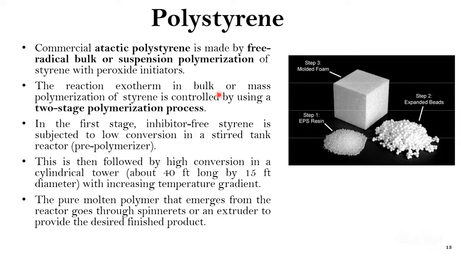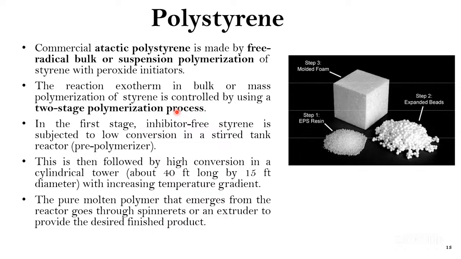So to control the exothermic reaction of polystyrene polymerization, industry generally follows two-stage polymerization. Okay, so in the first stage, the inhibitor-free styrene, meaning we didn't add anything to the styrene.